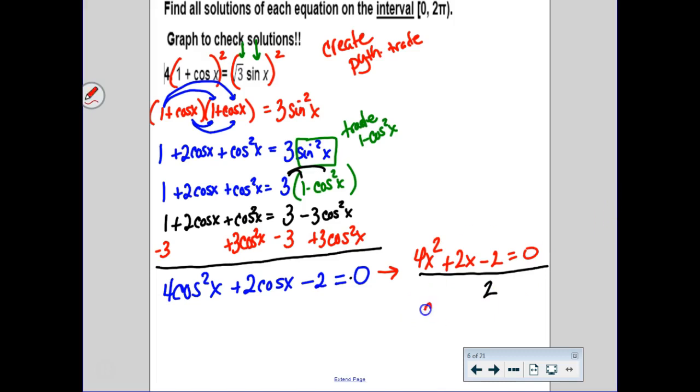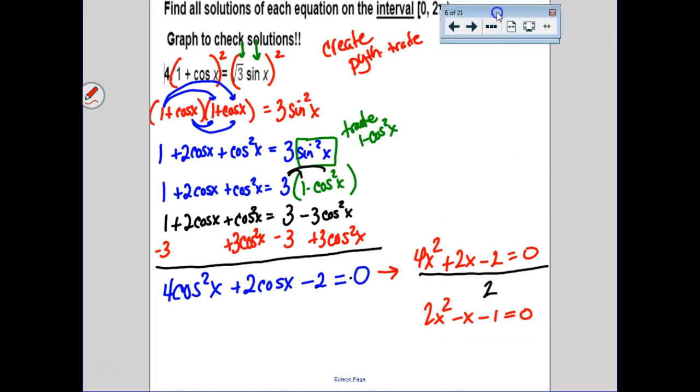So new problem is 2x squared minus x minus 1. We got that. Go ahead and factor that for me. That would be, what, a 2x plus 1 times an x minus 1.